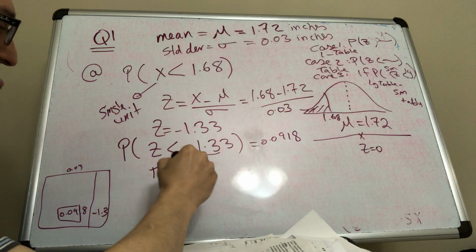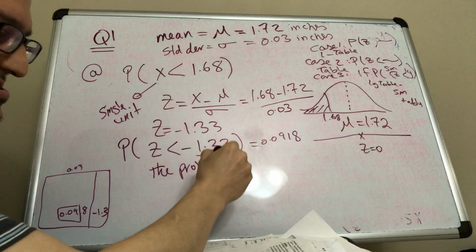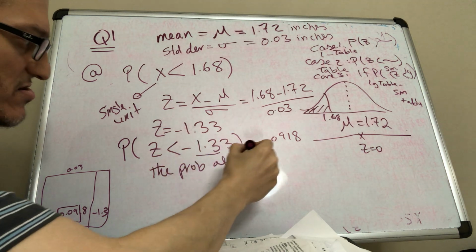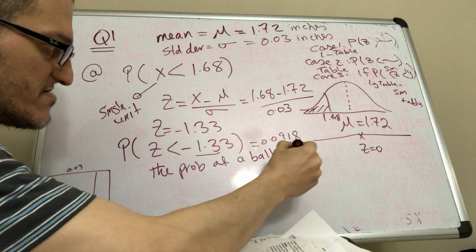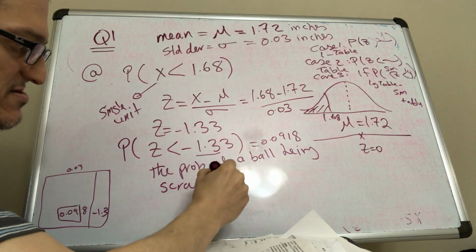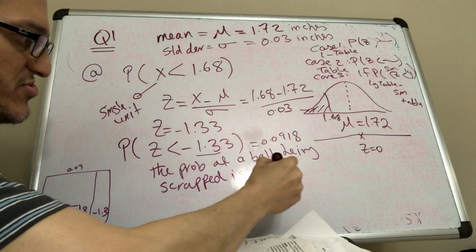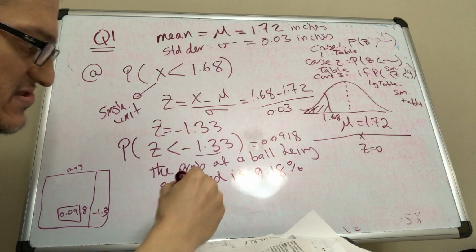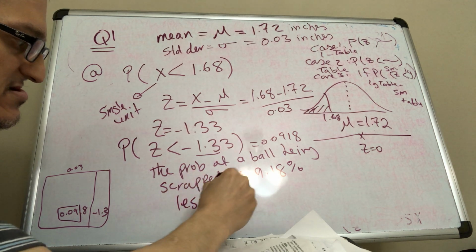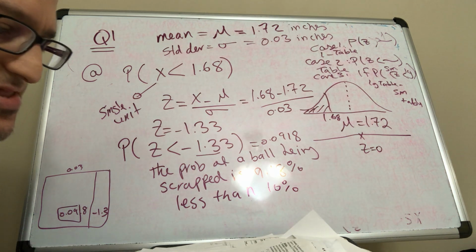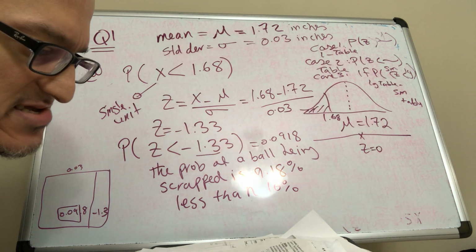So the probability of a ball being scrapped is 9.18%, so less than 10%. So it's not like what they think, that it exceeds 10%.